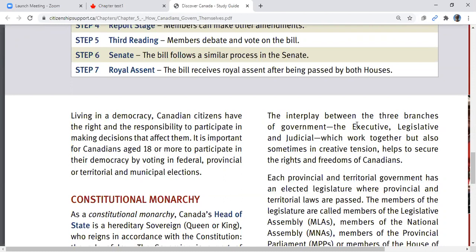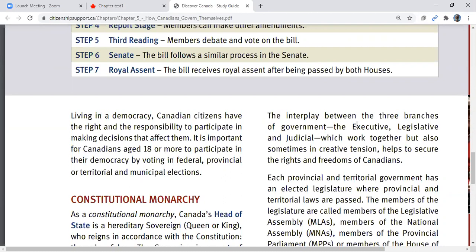And then the legislative is all the members of parliament, everybody in the House of Commons. And the judicial are the courts. So they're the judges. So you have three different levels of government. And then the governor general's on top of that too, the sovereign and the governor general.